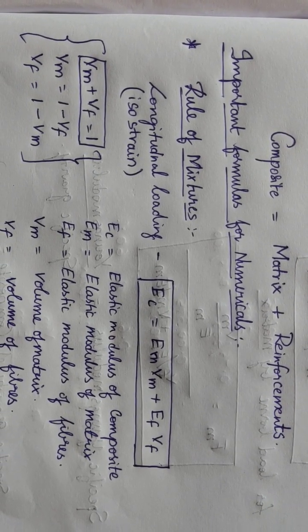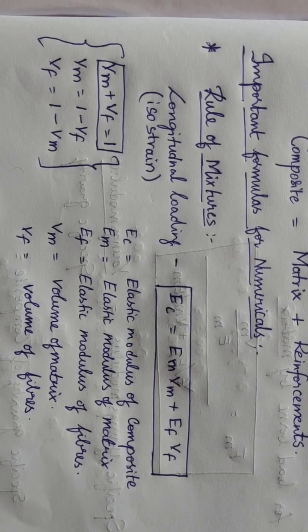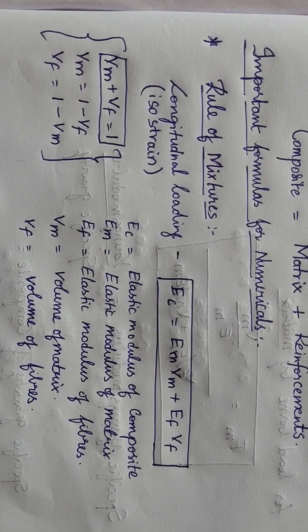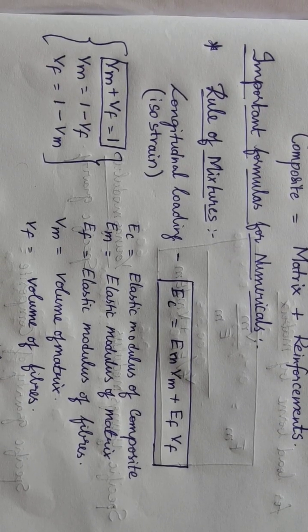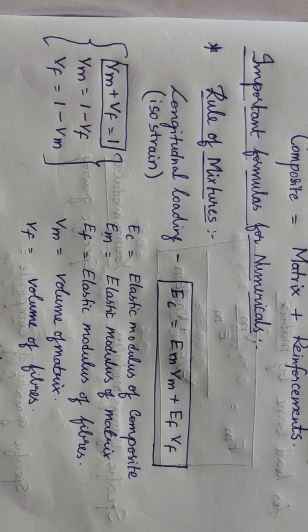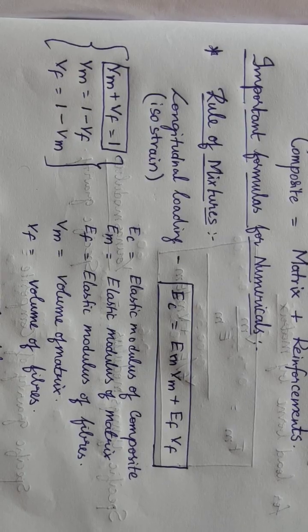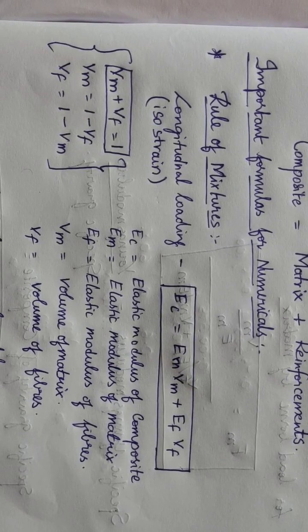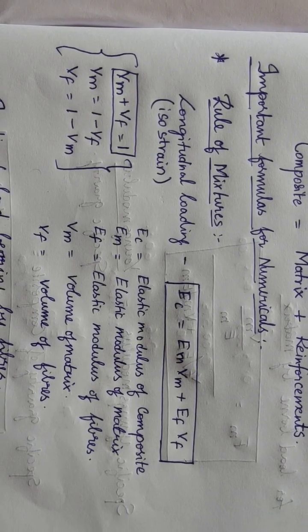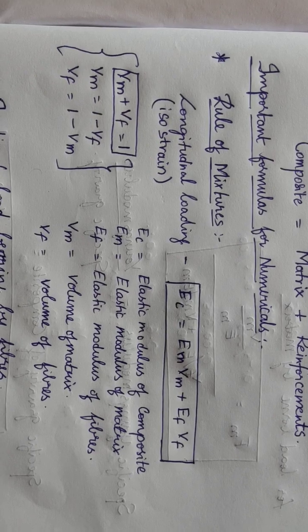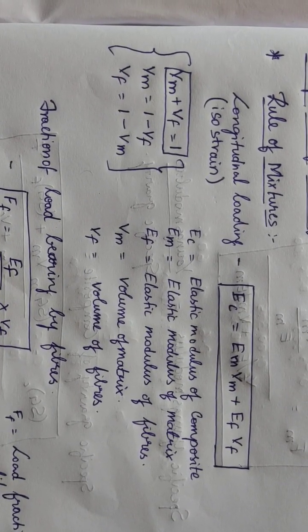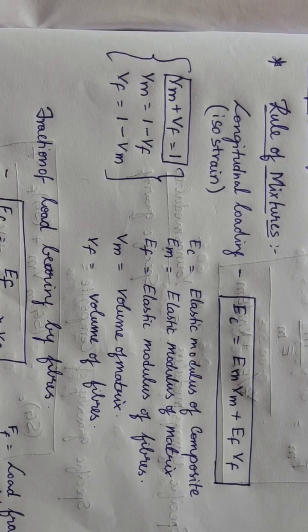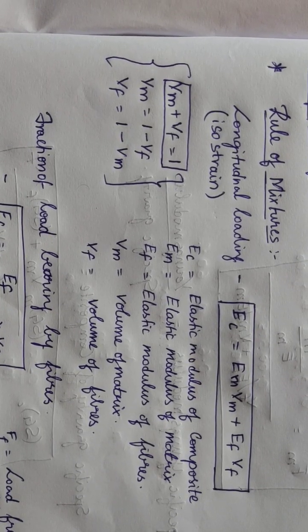Here Ec is the elastic modulus of the composite, Em is the elastic modulus of the matrix, Ef is the elastic modulus of the fibers, Vm is the volume fraction of the matrix, and Vf is the volume fraction of the fibers. We have another relation: Vm + Vf = 1.